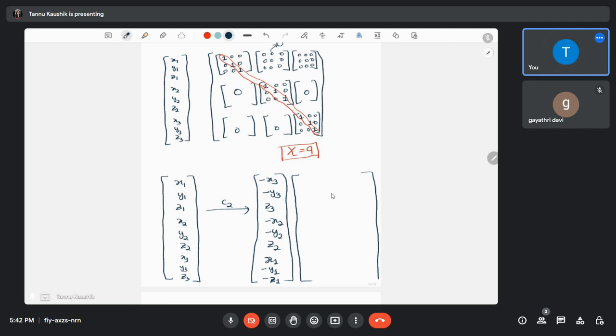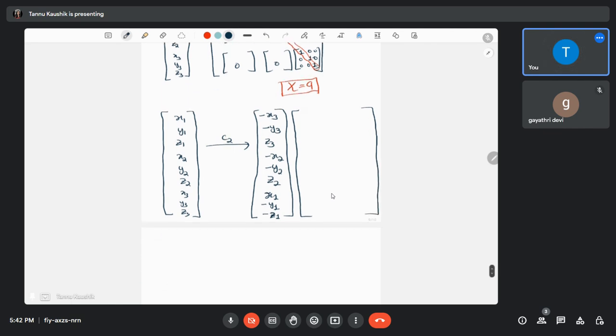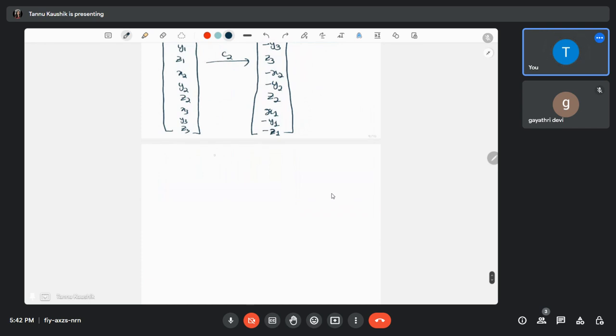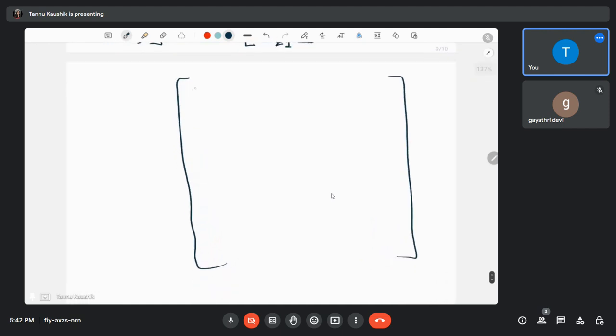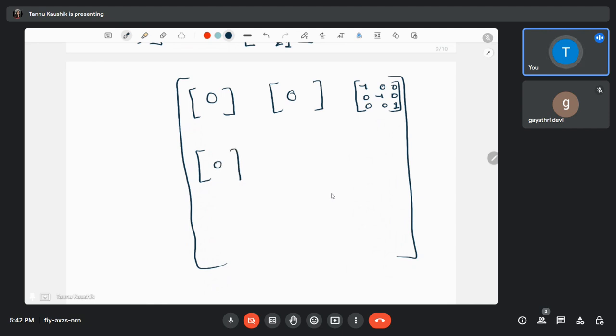The coordinates for these changes will be, I'm writing it here. If you see, since we have x3, y3 over here, it will become minus 1 0 0, 0 minus 1 0, 0 0 1. Similarly here.